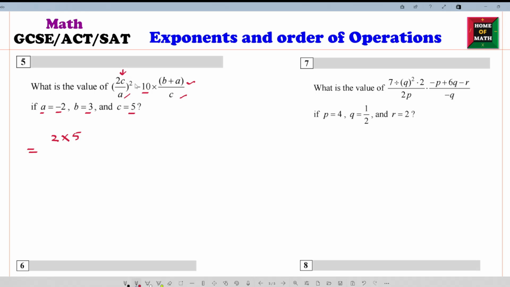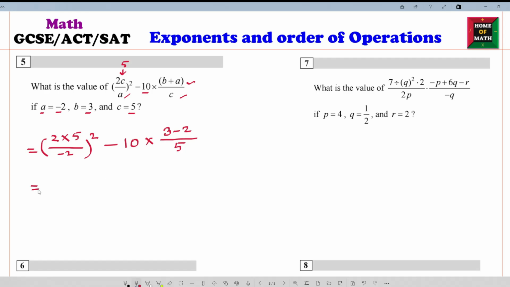This c we can write 5. So 2 times 5 divide a means minus 2 and whole square, minus 10 times b plus a, b means minus 3 and plus a, plus and minus makes minus 2, divide c, it means 5.